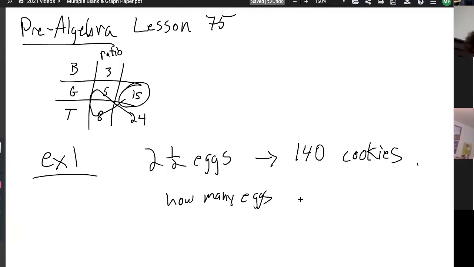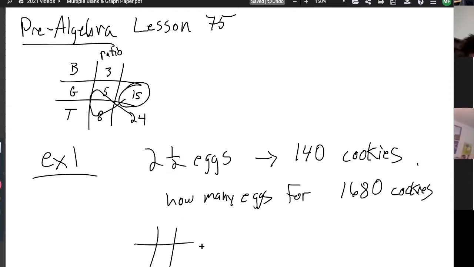Well, you don't have to do any kind of math. You just have to tic-tac-toe, right? 1680 cookies. So let's just set up a ratio box. So 2.5 eggs for 140 cookies. This is my ratio, this is my eggs, this is my cookies, and this is my total. We don't really need this row on this problem.